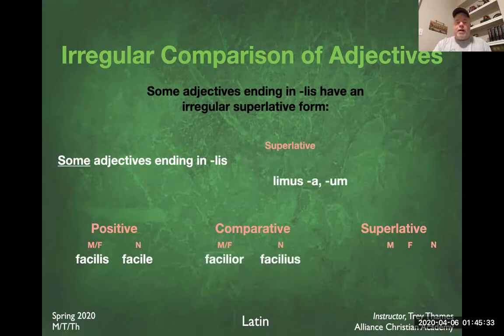So you have facilior, facilius, and that is easier. However, for the superlative, instead of -issimus, -a, -um, this is where it's irregular, you add -limus to your stem: facillimus, -a, -um. That means easiest.